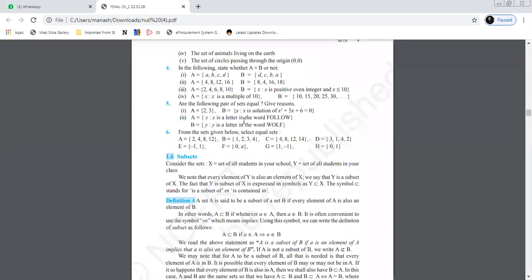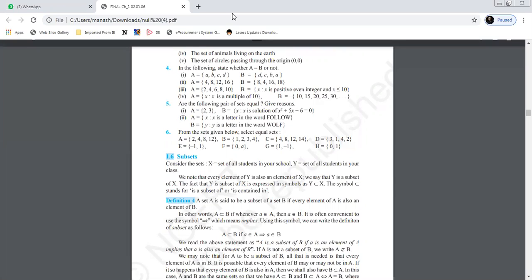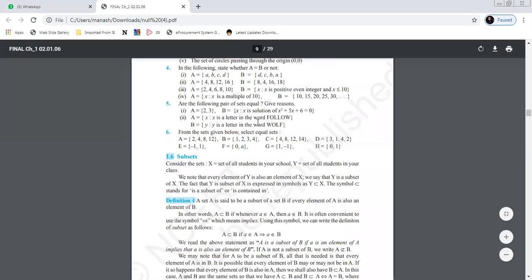X is a letter in the word follow, so the letters of follow are F, O, L, W. Same way, the second set B also contains the same F, O, L, W. So obviously these two are the same, and therefore these two are equal sets.